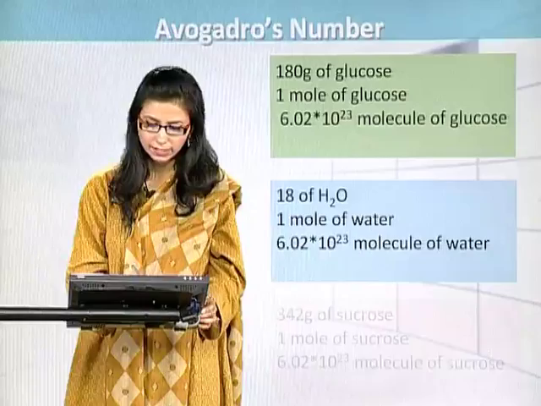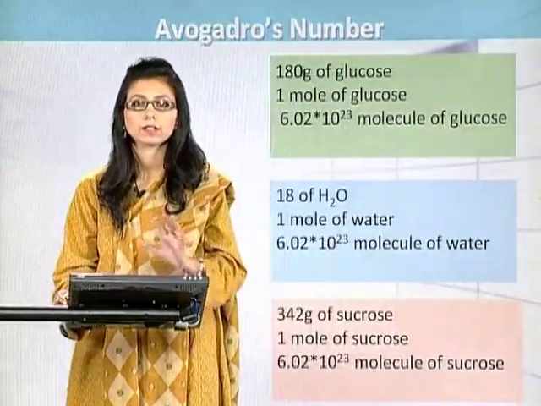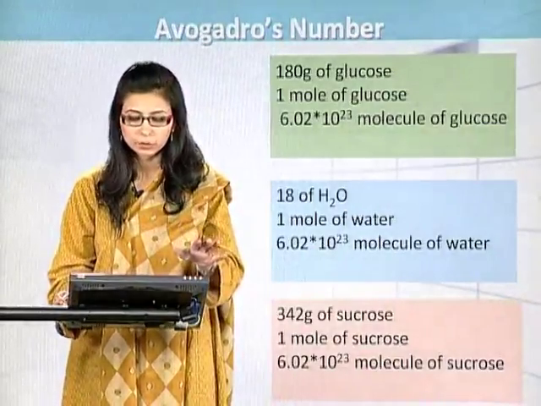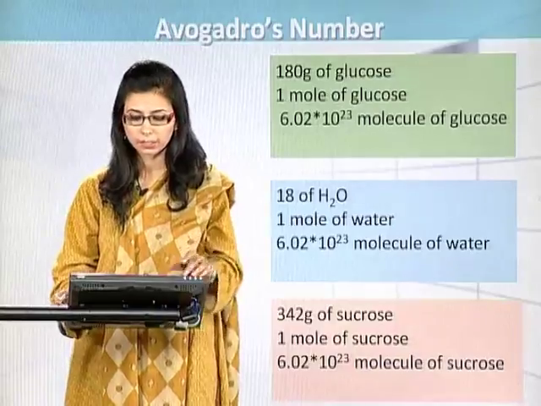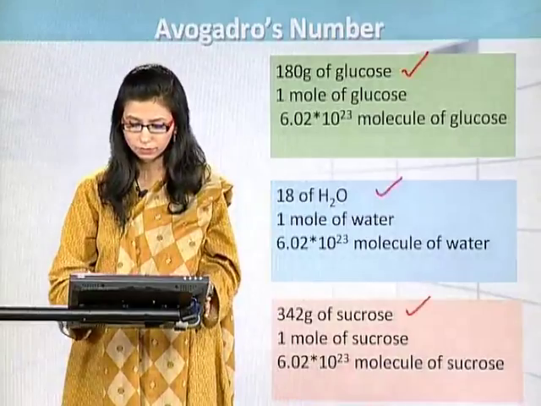The difference over here is just that we are now discussing the molecules, not the elements, not the atoms. We are not discussing free atoms, we are talking about molecules.